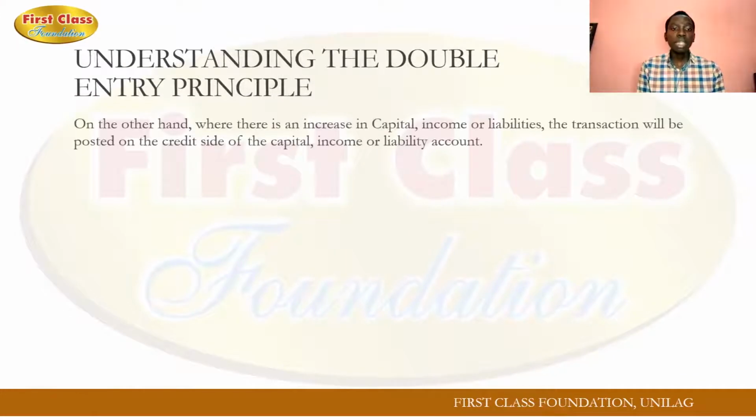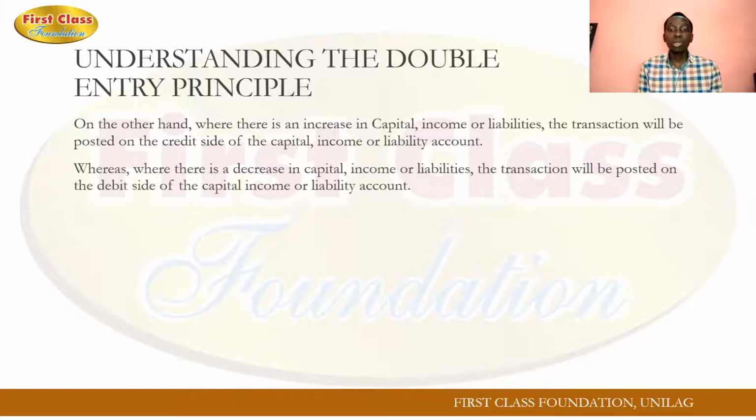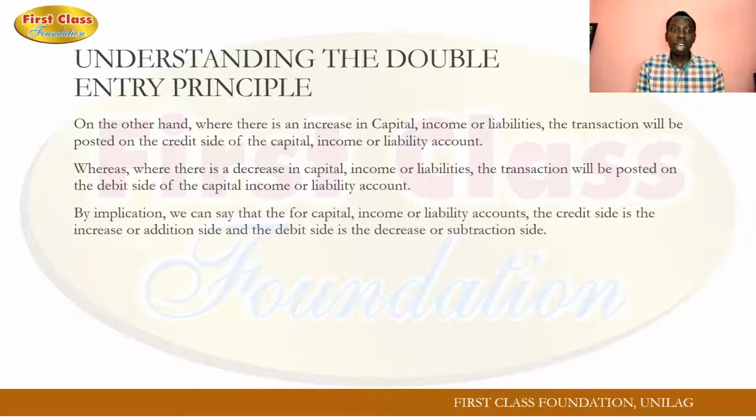On the other hand, where there is an increase in capital, income, or liabilities, the transaction will be posted on the credit side of the capital, income, or liability account, because for capital, income, or liabilities, the credit side is the default side. And where there is a decrease, it's going to be posted on the debit side, because the credit side is the default side and decreases are posted to the other side.